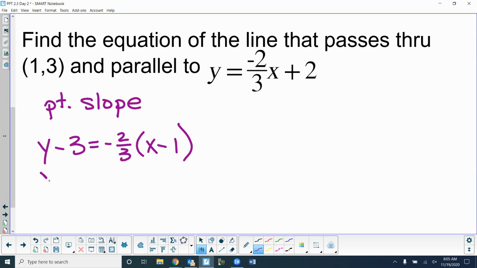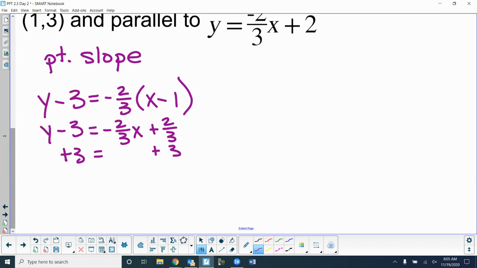Okay? So we get y minus 3, distribute. -2/3 times -1 is a positive 2/3. Add the 3. So what's 2/3 plus 3? 3 2/3.